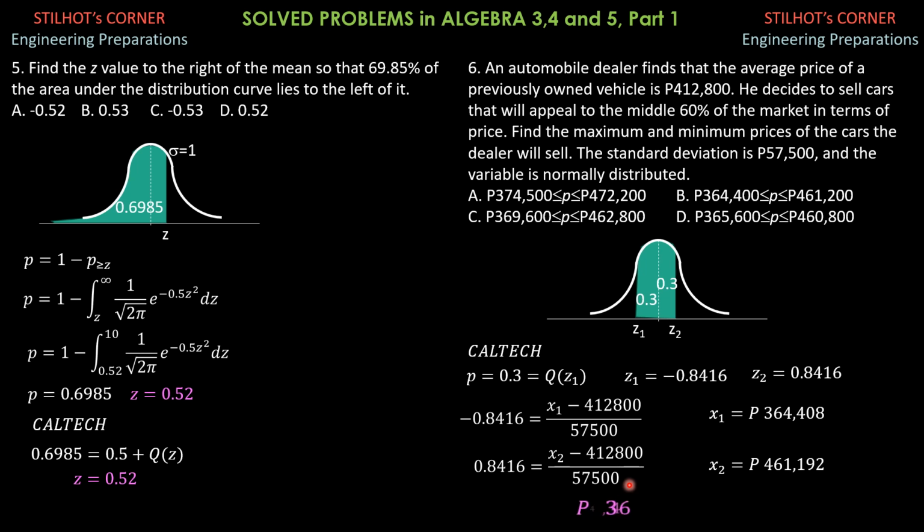So for the final answer, 364,400 pesos is less than or equal to x, and x should be less than or equal to 461,200. So that's it for this video, and I hope that you were able to follow and understand the explanations, the calculations, and the techniques.